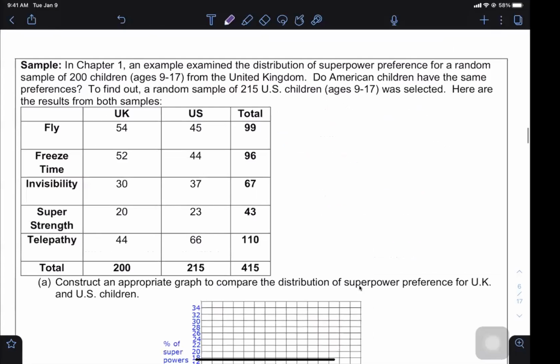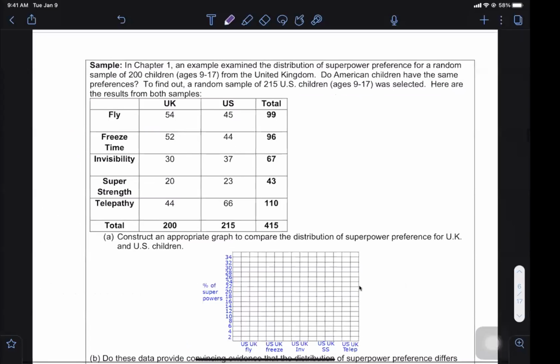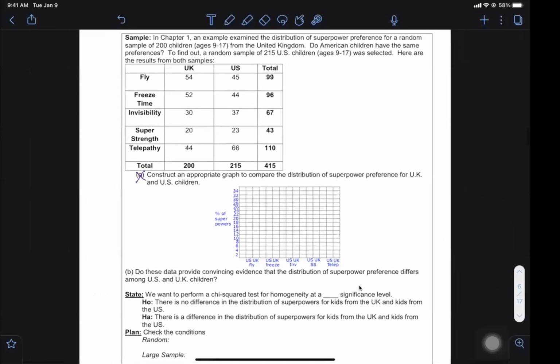Okay, now let's do a test for homogeneity. So let's skip part A, which is just doing a bar graph. Now let's do the significance test.